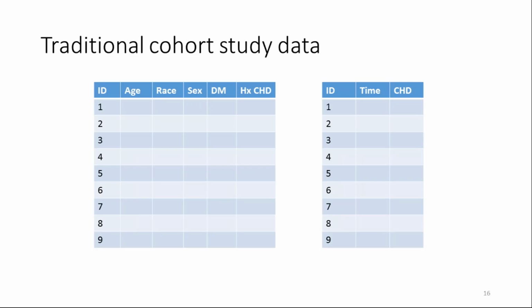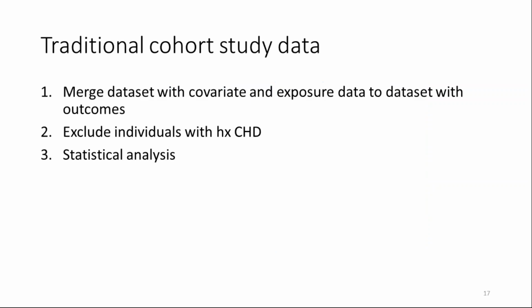So when you think about your traditional database, when you're setting up your study, you have basically your patient population and your covariates that you want to consider, let's say age, race, sex, whether they've had diabetes or a history of heart disease, and then your outcome is going to be how long it takes for them to develop heart disease after your study period.